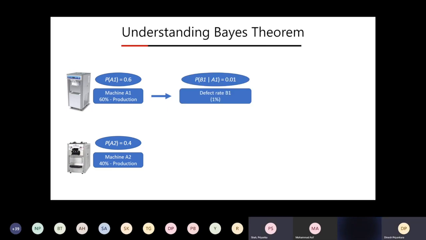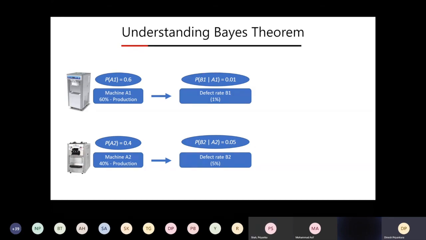This is the defect rate of the first machine. So how do we say it? Probability of B1 given A1 is 1%. And for the second one, let's say the defect rate is 5%, so the probability of the defect rate of machine 2 is 0.05.